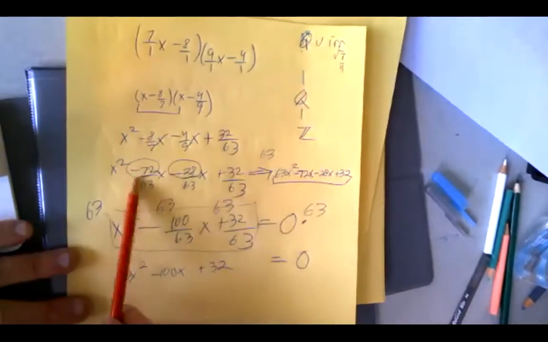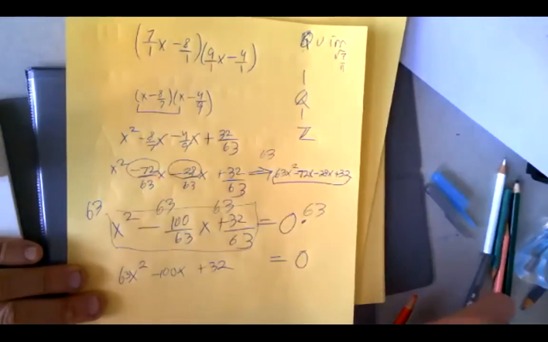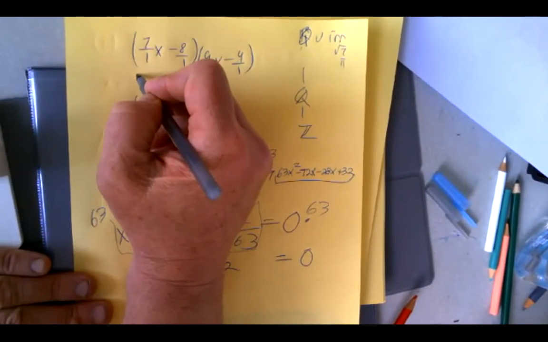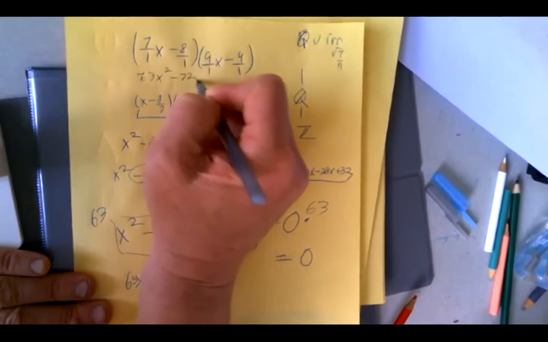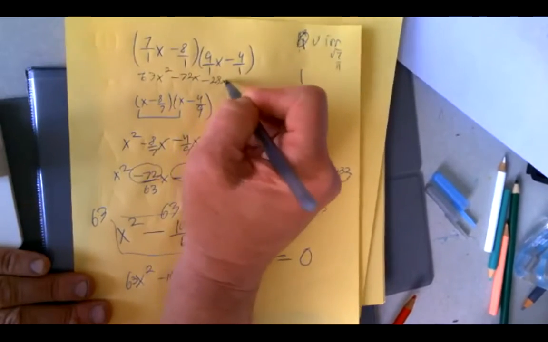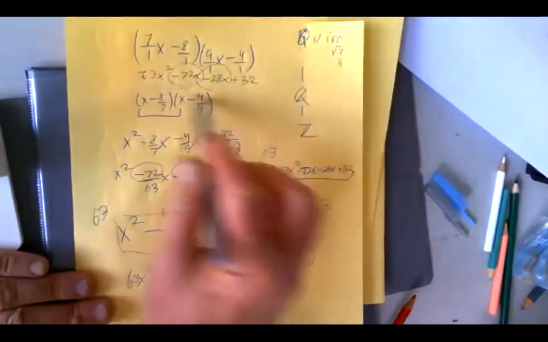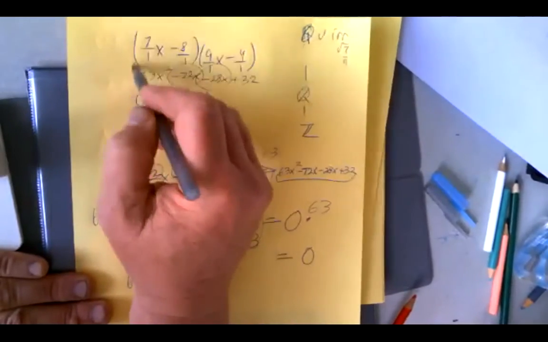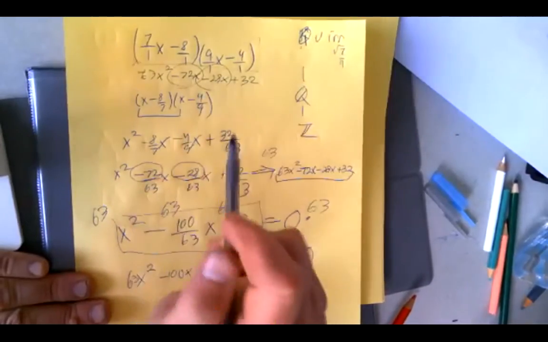So you didn't have to do all this fraction thing, but when you got to this, you would still see them manifest because when you multiply it, you get 63x squared minus 72x minus 28x plus 32. You didn't have to do, I was doing a whole other extension going on a tangent here. You could have just got the answer and multiplied it out and you'll see the puffs.